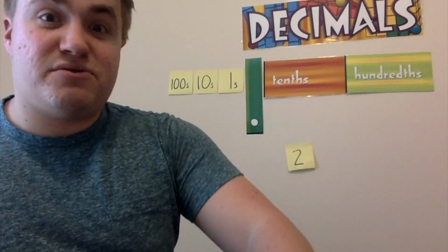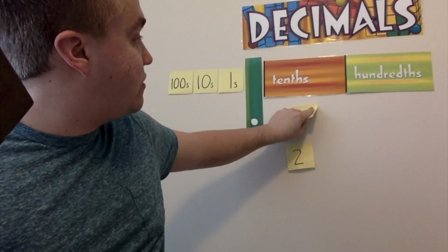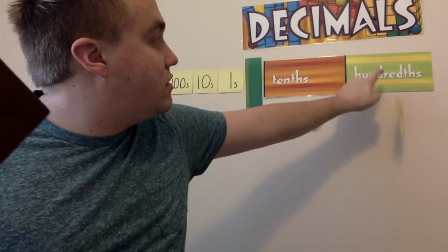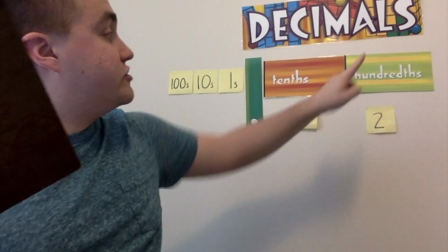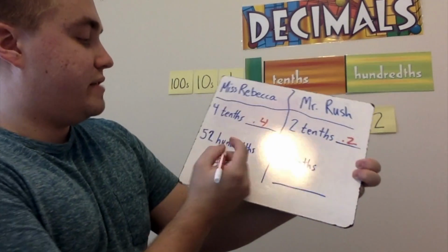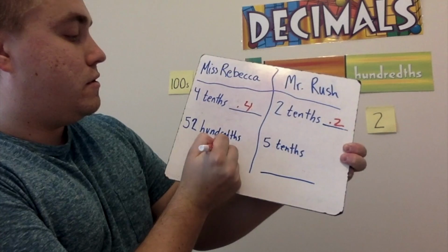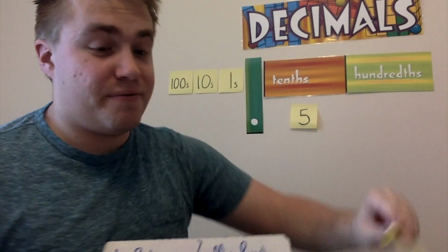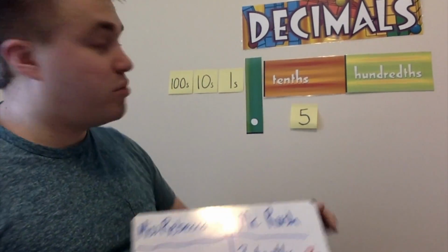I know that Miss Rebecca ran 52 hundredths, which does look like this. 52 hundredths, 0.52. So I'm going to write that down right here. 0.52. Meanwhile, Mr. Rush did only run for 5 tenths, which again is 0.5.